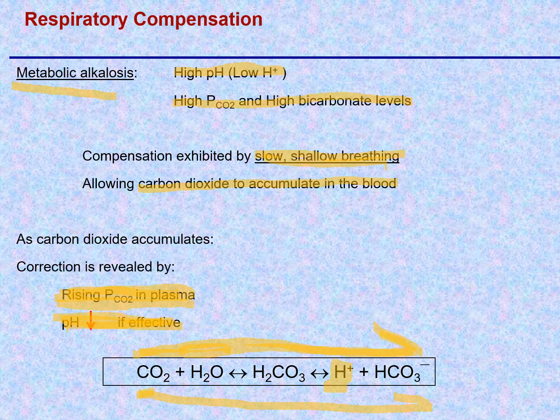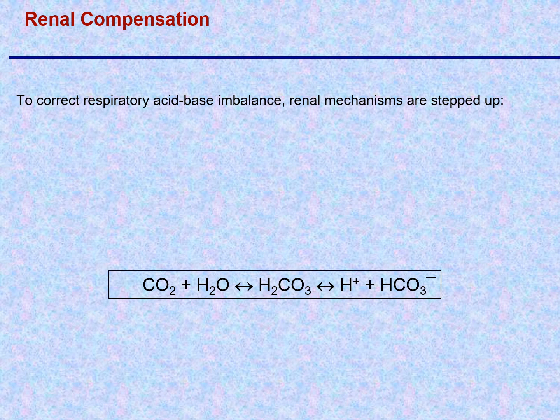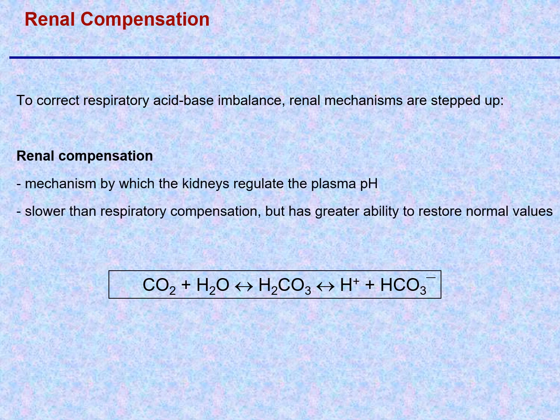So those are the responses of the respiratory buffering system to abnormal pH due to metabolic acidosis or metabolic alkalosis. In contrast, the compensation for respiratory imbalances is through the kidneys, the renal compensation for respiratory imbalance of acid-base.